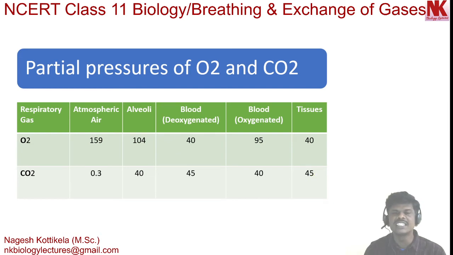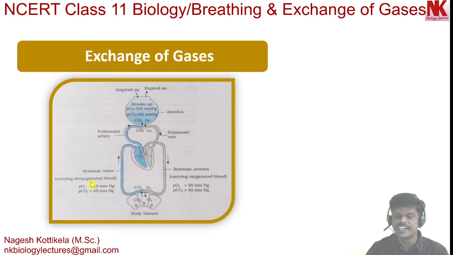So you can see the pressure gradients, the differences in the pressure, in different parts: alveoli, deoxygenated blood, oxygenated blood, tissue. That is one of the very important factors that affects the rate of diffusion of gases.